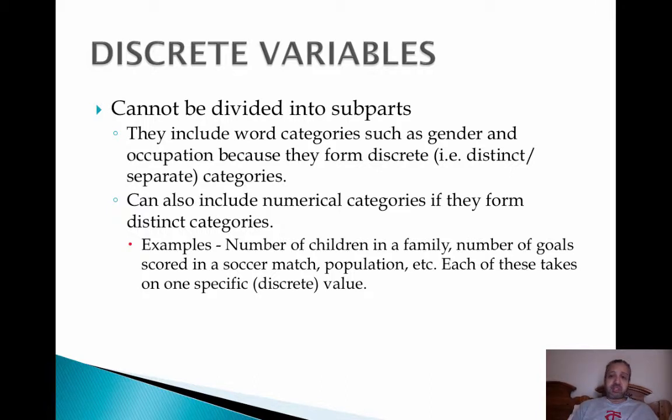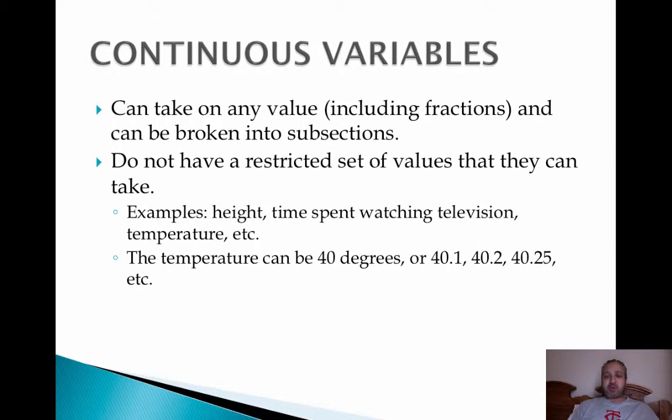Oftentimes we work with discrete variables, but sometimes we work with continuous level variables. These are variables that can take on any value, including fractions, and they can be broken into subsections. So for example, the temperature. The temperature can be 40 degrees, it could be 45 degrees, it could be 50 degrees, it could be 40.1, 40.2, 40.25.